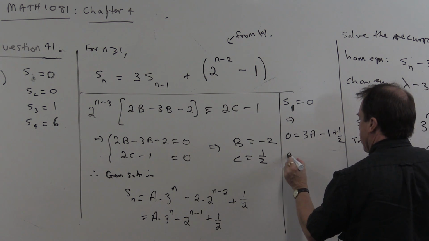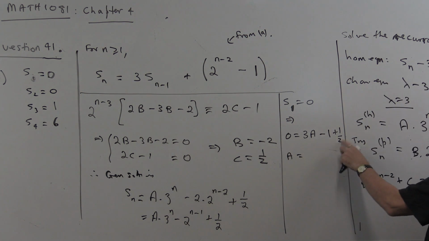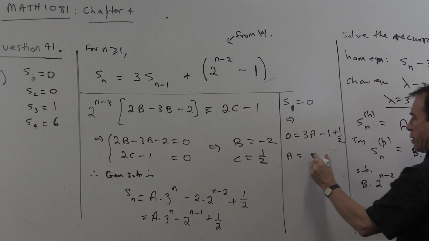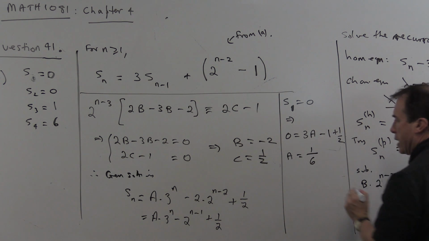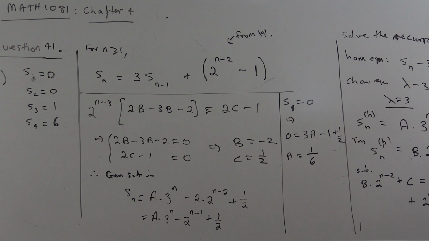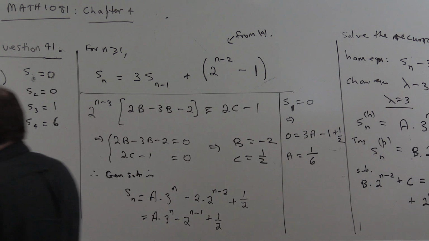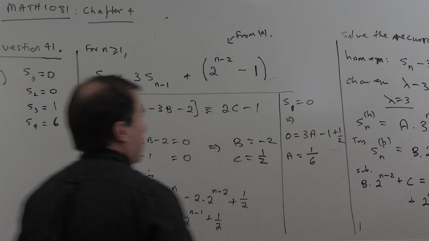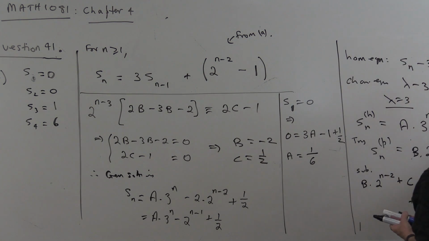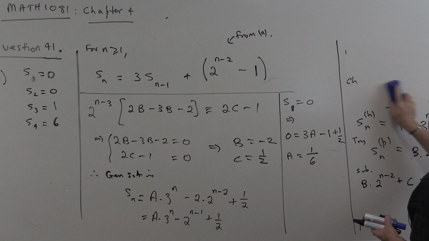And if I solve that, this gives me a half on the other side, so I get A is 1 over 6. Some rather odd numbers coming out, but that's the way it works. And I'm going to substitute that back in again and finally write down what the final solution looks like.